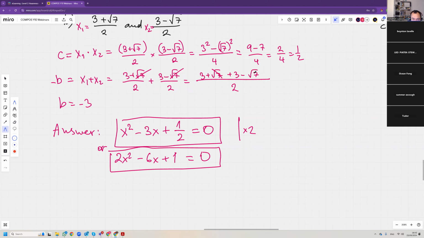So root 7 minus root 7 cancels out, and 3 plus 3 is 6, 6 over 2, and that is 3. I hope that makes sense.